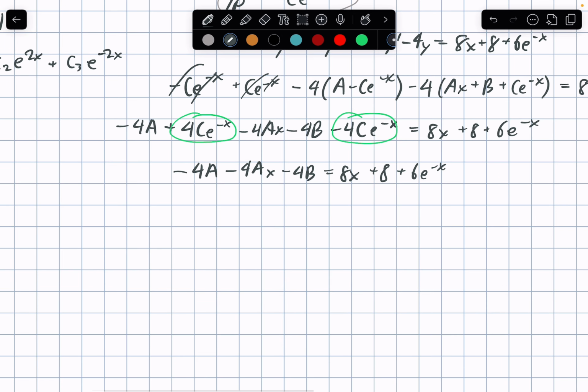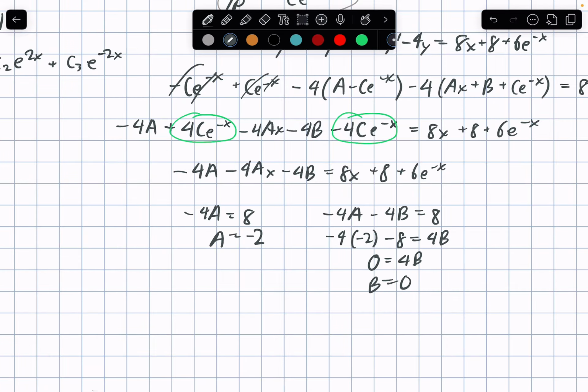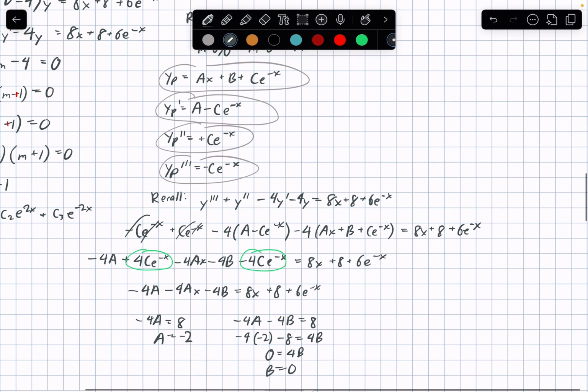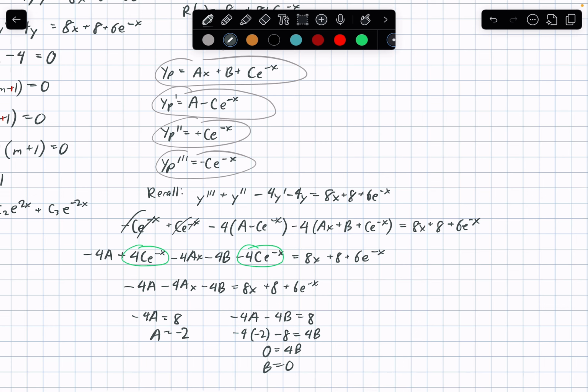And then we equate. I wonder what's supposed to happen next. We should be able to find C as well.